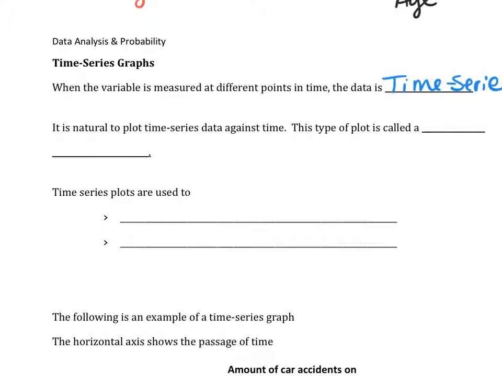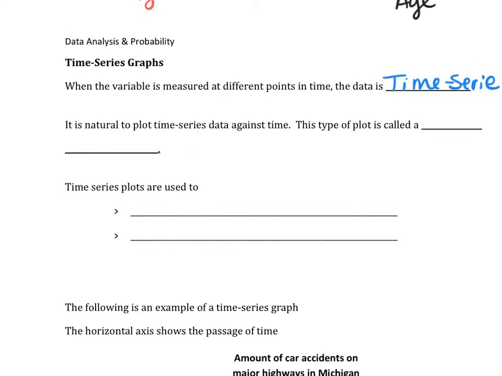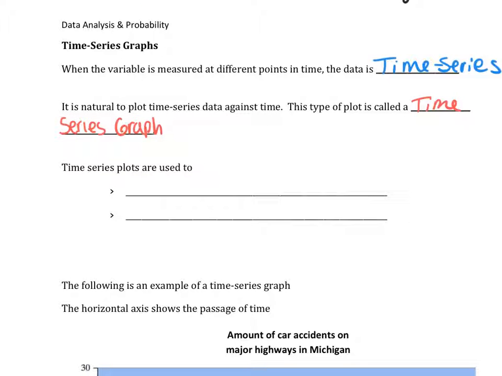So when our data is collected over time, it's natural to plot this time series data against time. And again, it's called a time series graph. Plotting against time just means your x value will be the time.